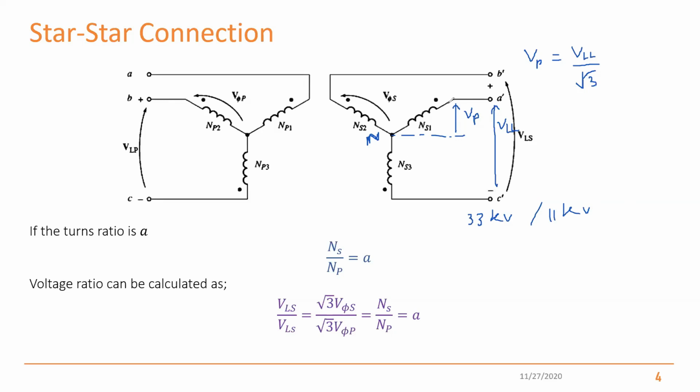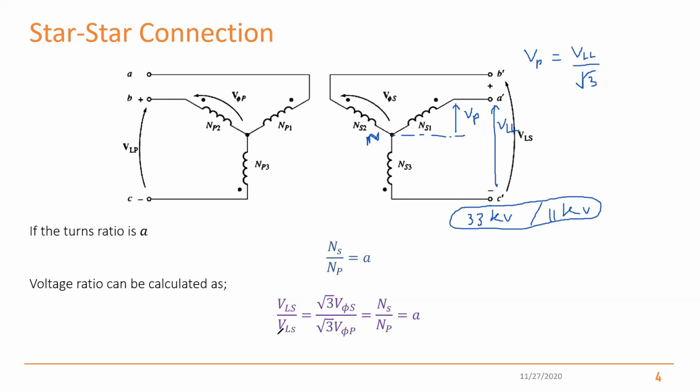So when you are given information about a transformer, you should be careful if it is a three-phase transformer. If it is star-star, it is fine. Otherwise, there can be a problem.